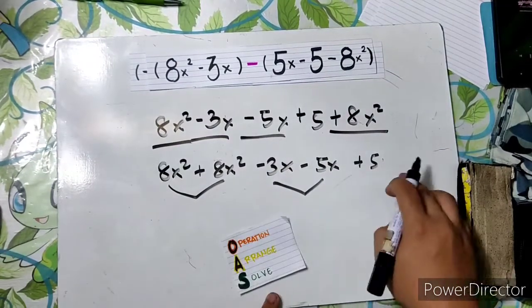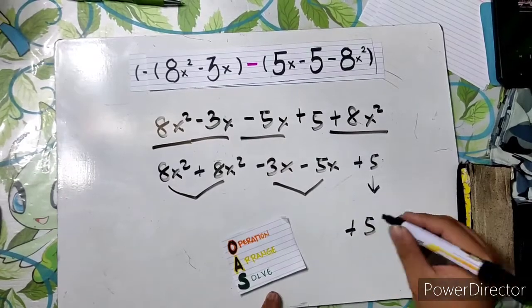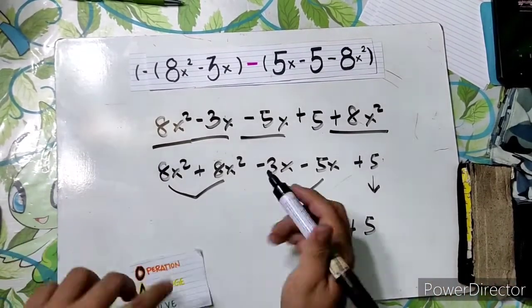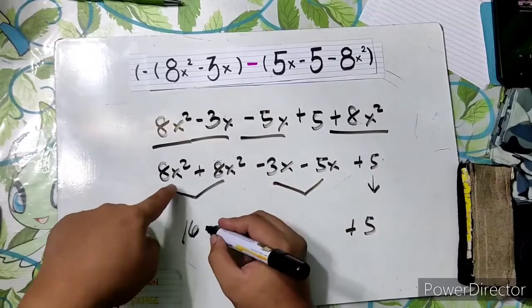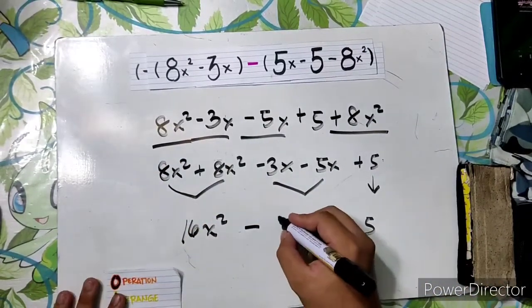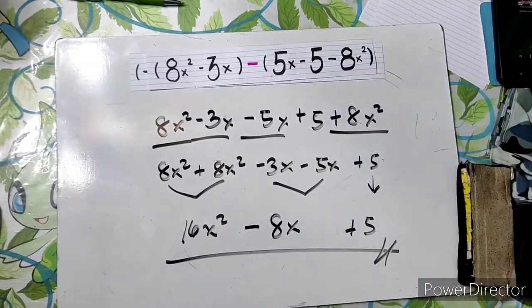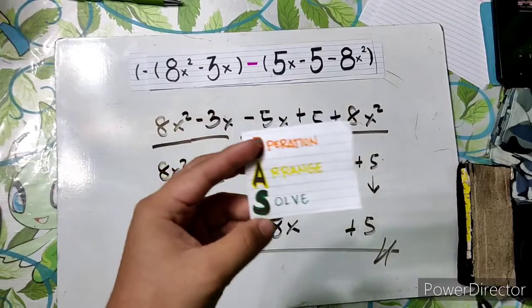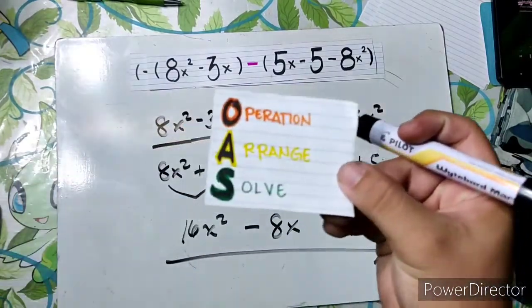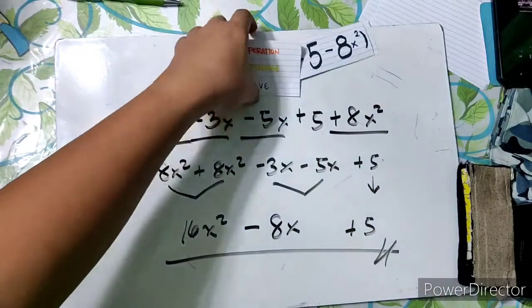And since 5 has no other companion in here, we'll just put it down automatically. So 8 plus 8 will be 16. We'll just copy x squared. Negative 3 minus 5 is negative 8x. So that's our answer in subtraction. Now we're done with the addition and subtraction. We'll move on to the multiplication.